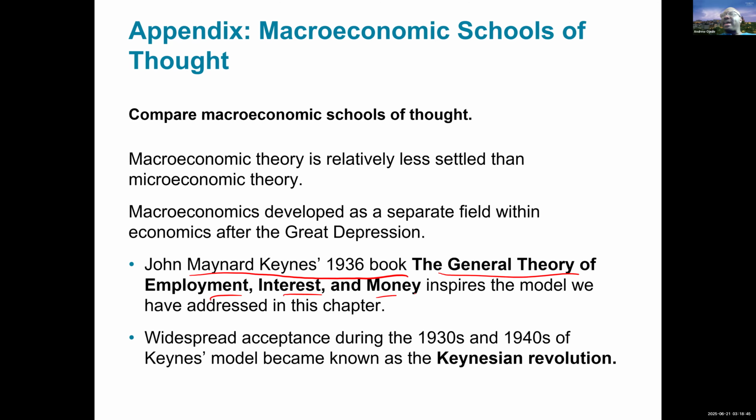So there has been a lot of back and forth in macroeconomics. The traditional classical theory dominated up to around the Great Depression, and then when Keynes wrote his book in 1936, this book basically debunked the traditional classical theory. But then the traditional classical theory came back strong and also debunked some of Keynes. They came back in the name of neoclassical theory.